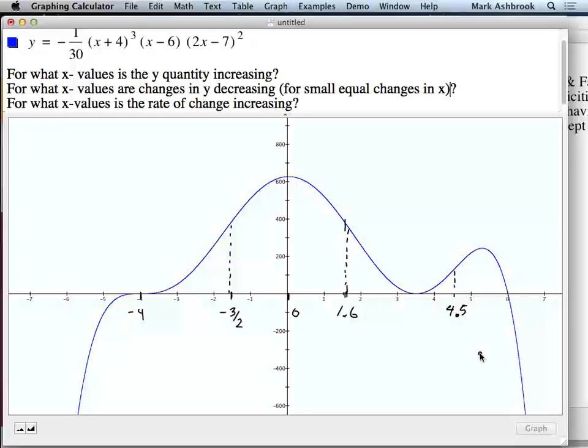Okay, so I gave some estimates here of some key points: -4, -1.5, 0, 1.6, 3.5, and 5.